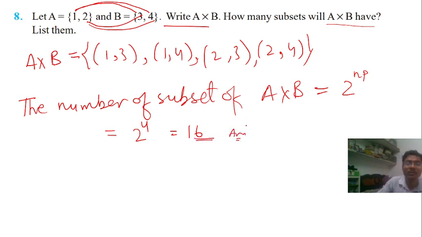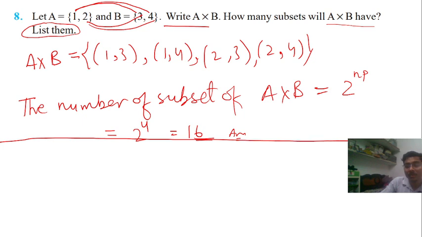And now we will have to write all these 16 subsets because they are saying list them. If they are saying to list all the subsets, we will list them here only.